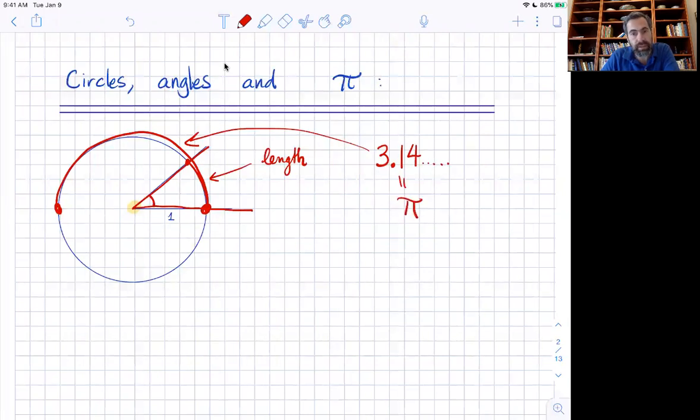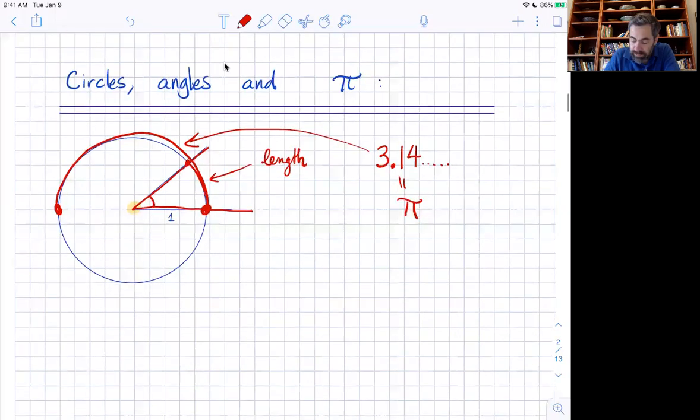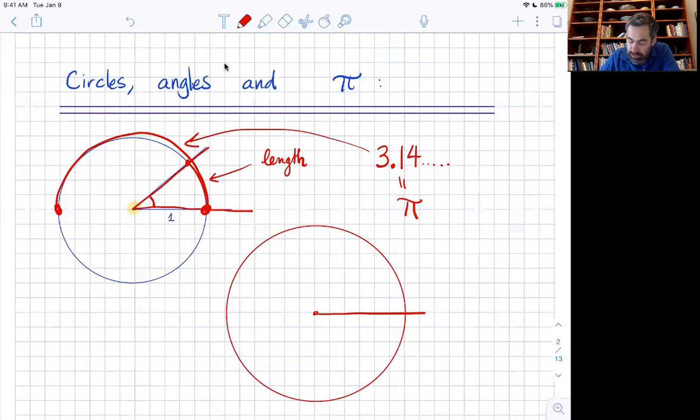It's just a name for that particular number, which is always the distance halfway around a circle of radius 1. On the other hand, let me draw another circle here. If I have an angle which is a right angle like this, then the length of the arc should be a quarter of the way around, or half of what we had before.